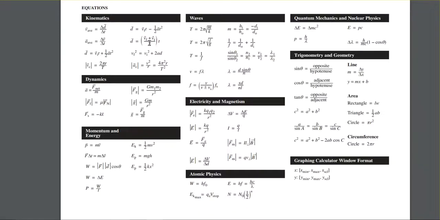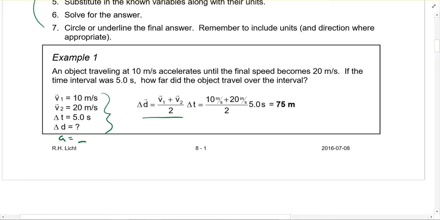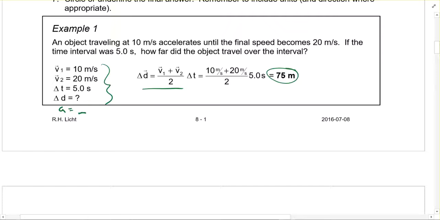That's the formula we want to use. I find that's a quick little way of figuring out which one you want to use. Okay, so that's the one we use for that. Then just plug it in and you get 75 meters. Technically our answer is positive, but we don't really know what that means, right? The question doesn't tell us west or east or right or left or anything like that.